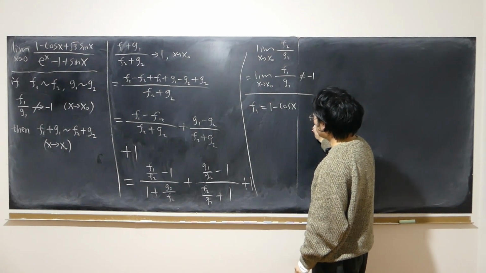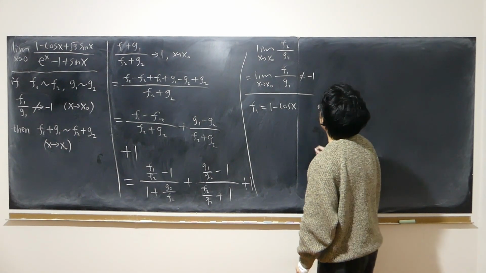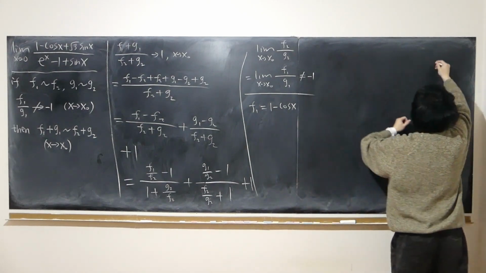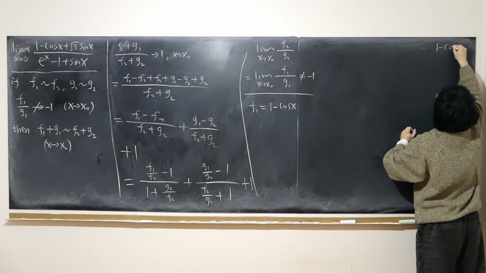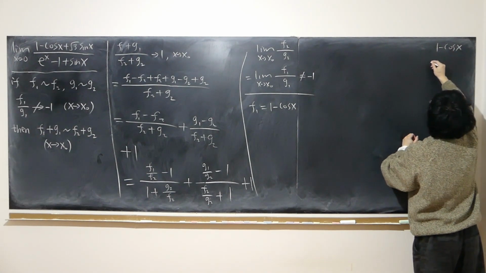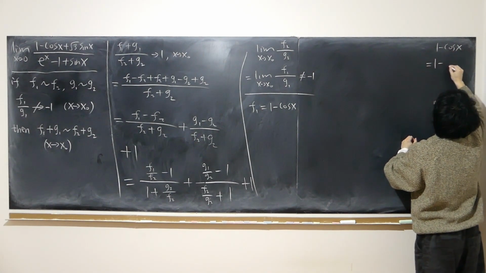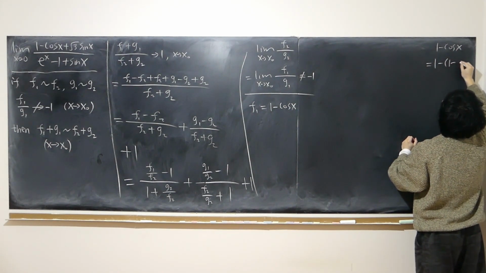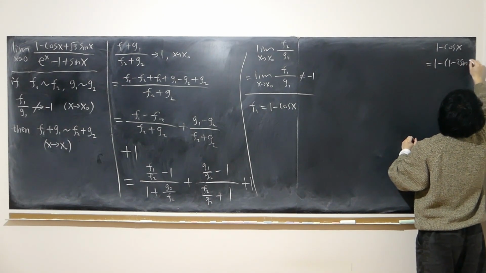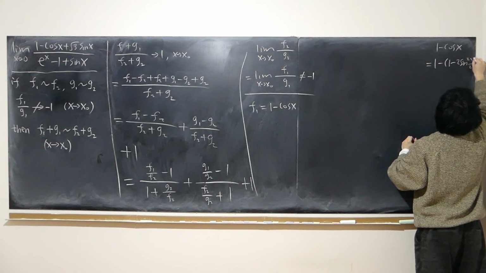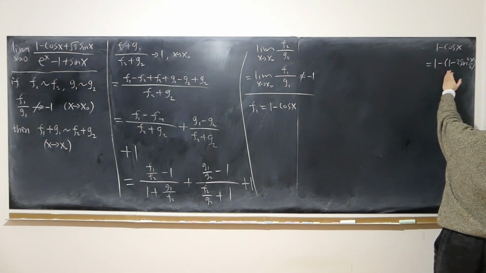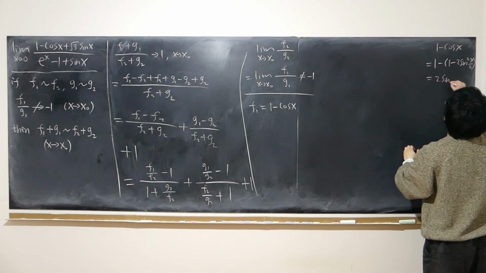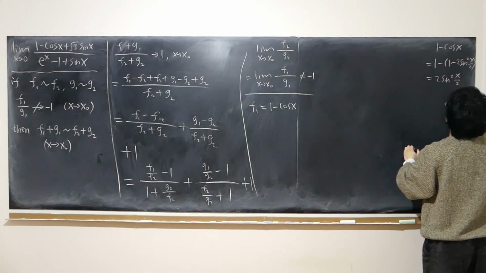From a well-known limit, 1 minus cosine x, using the double angle formula, is 1 minus twice sine square of half of x. This is a trig identity. So this is just twice sine square of half of x.